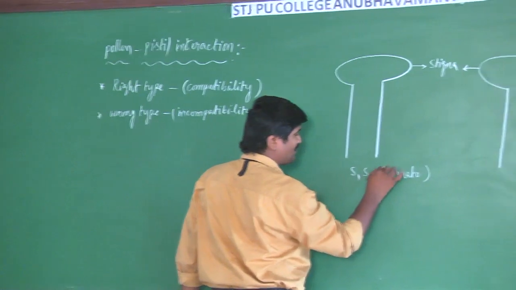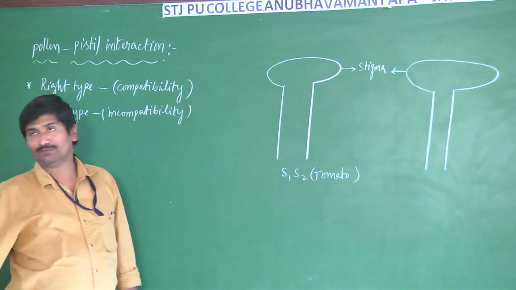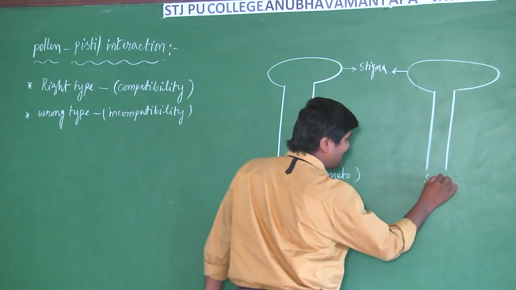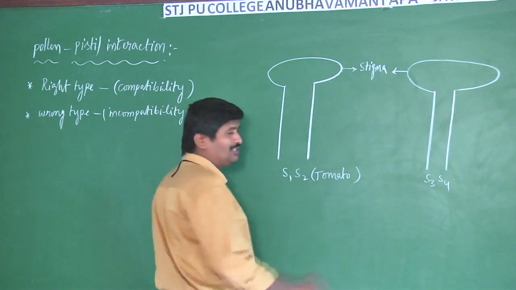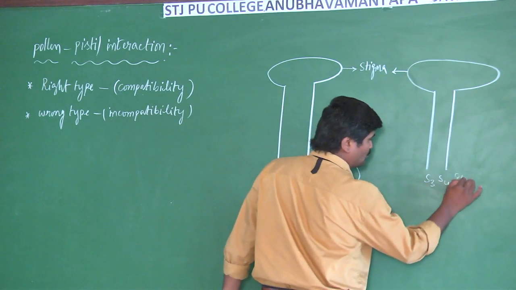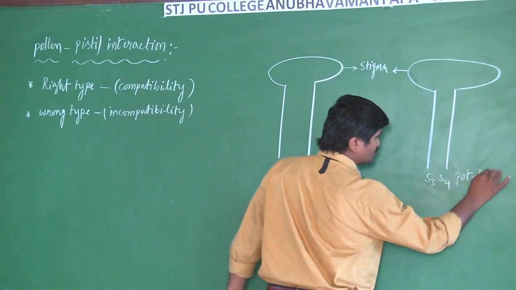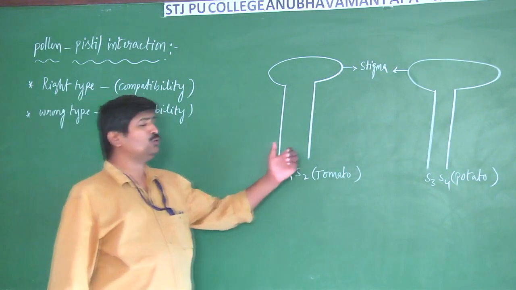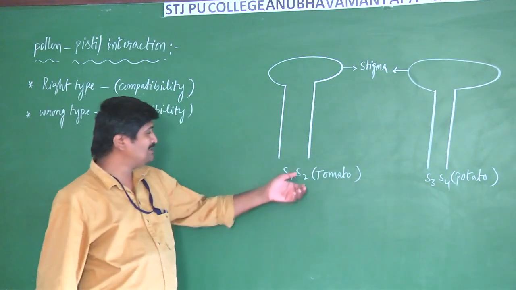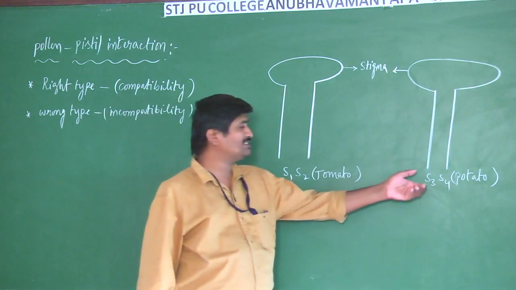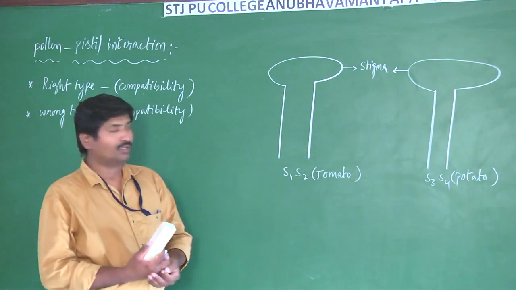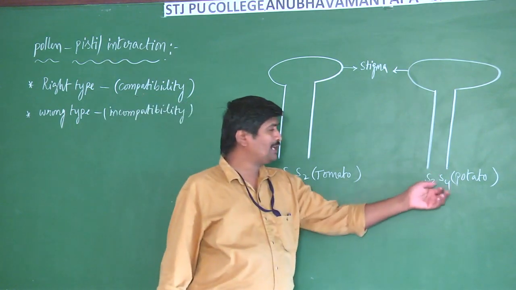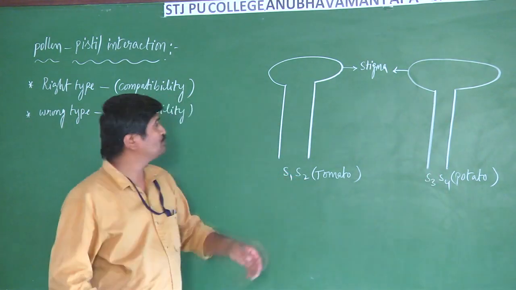The genes of S1, S2 are, for example, the genes of tomato. The next one, S3, S4, are the genes of potato. Here two crop plants are there: one is tomato, another one is potato. The genes of tomato are S1, S2, and the genes of potato are S3 and S4.